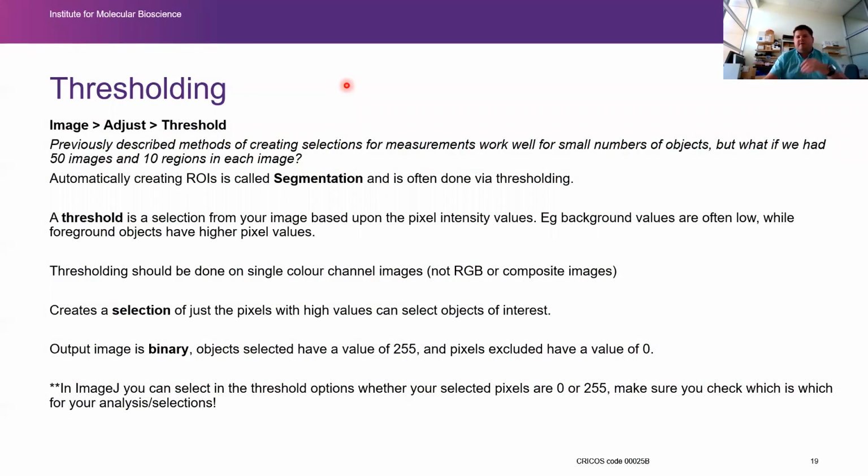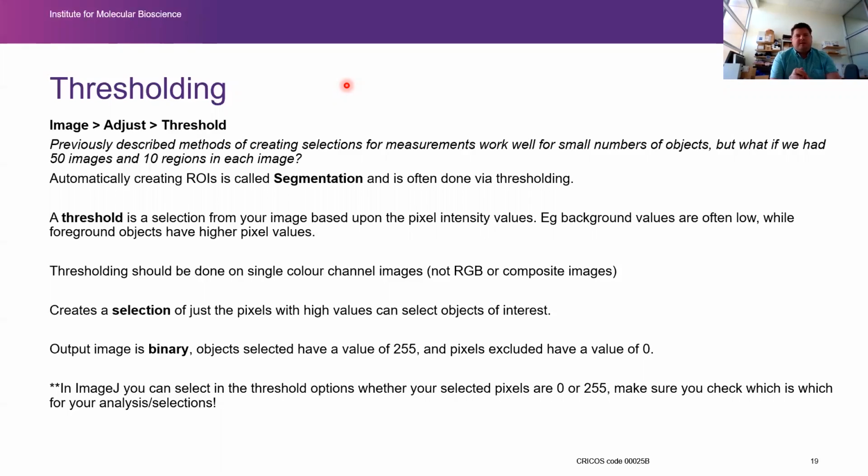And so in previous workshops, and as I mentioned briefly at the beginning, you can manually draw areas of interest. If you've got cells and you want to manually trace around them, you can add them. But if you had 50 images with 10 things in each image, it's going to take a long time. And so you can automate it by creating ROIs from a segmentation. And that's done by thresholding.